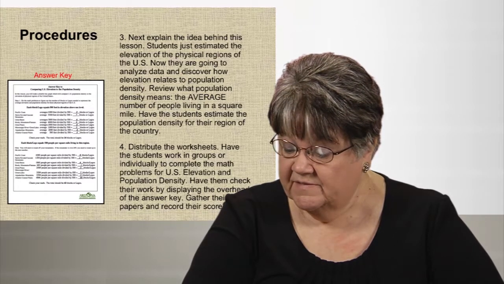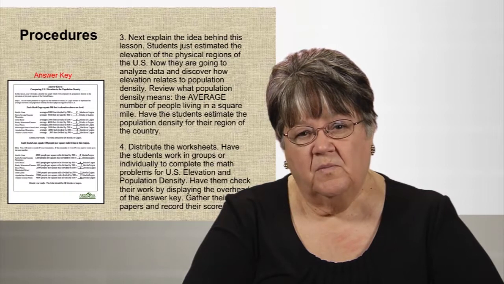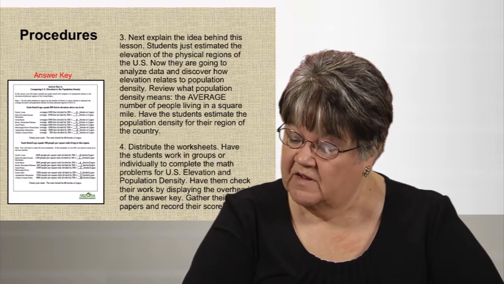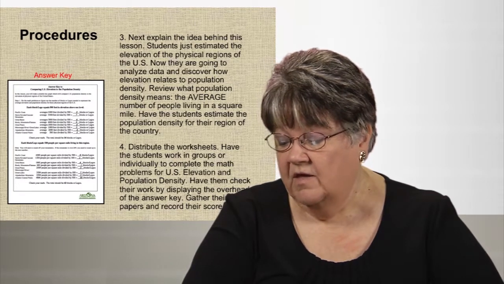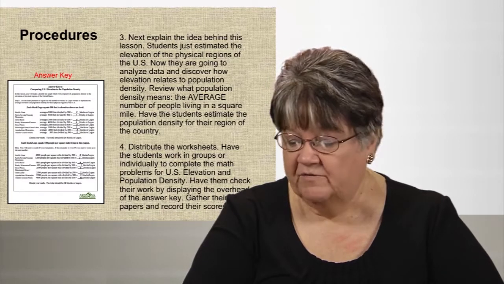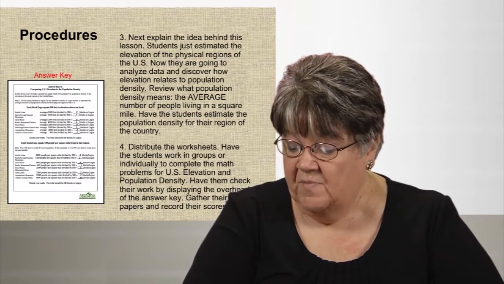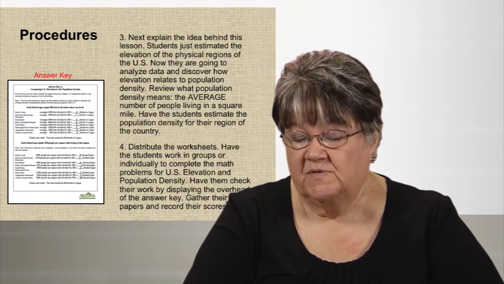Sierra Nevadas and the Cascade Mountains, there's about 1,200 people per square mile. Divided by 500 would equal 2 blocks, and you would drop the remainder of 200. And then look at Great Basin. You have 1,800 people per square mile.